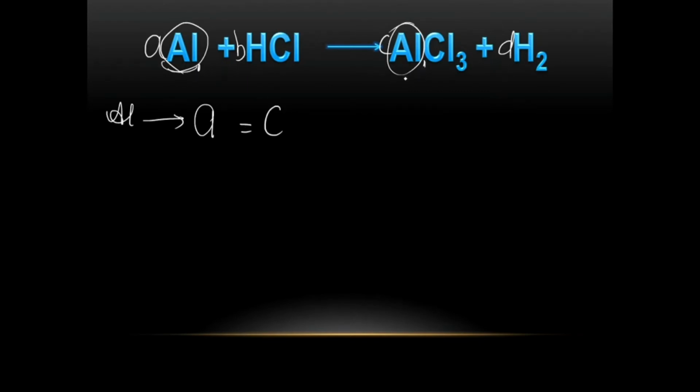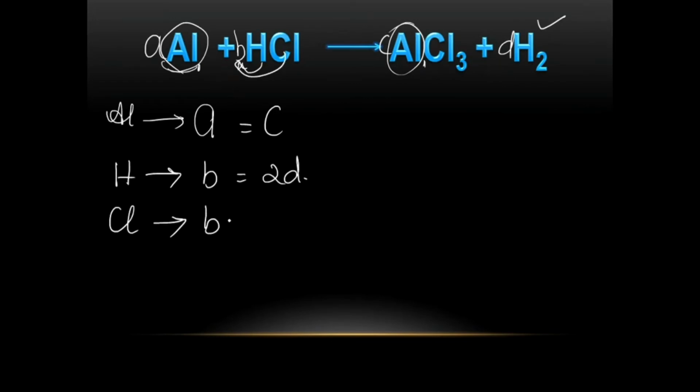So 1 into A, 1 into C. Then who is the other member? Hydrogen. Hydrogen B times here in reactant side, hydrogen one time on the other side, that is 2D. Fine. Who is the other one? Chlorine. Chlorine B here, on this side one time, so 3 into C.